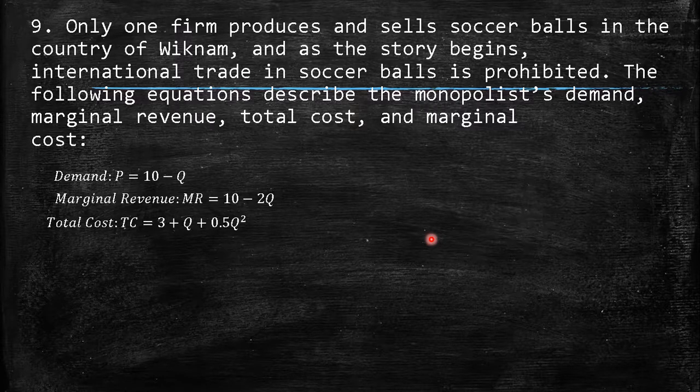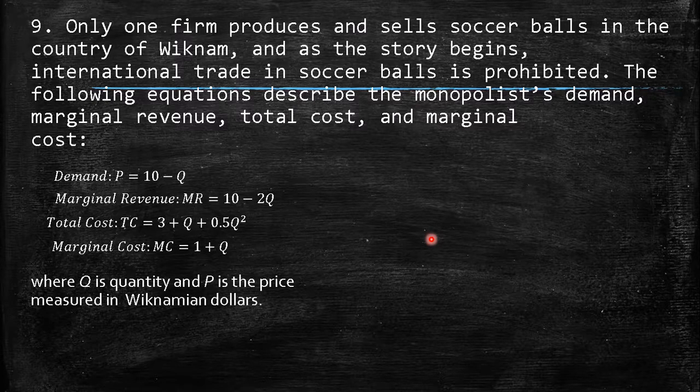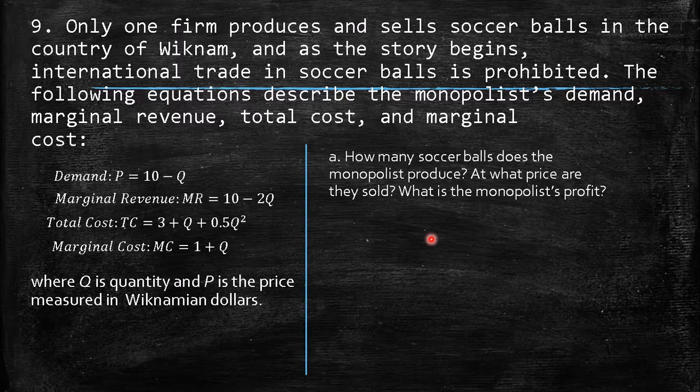The other two values are the variable cost, all with a plus, because any time you increase your quantity produced, your total cost naturally will increase as well. Here we have the marginal cost, which is 1 plus Q, the derivative of total cost, but we don't need that concept so far because it's already provided by the book. And here they explain the labels: Q is the quantity and P is the price measured in Vietnamese dollars.